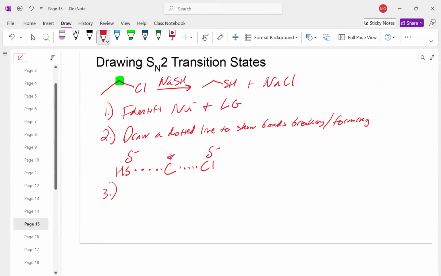So step three is give one group a solid line, one group a dashed wedge, and one group a solid wedge.